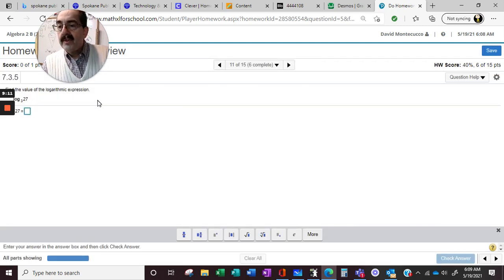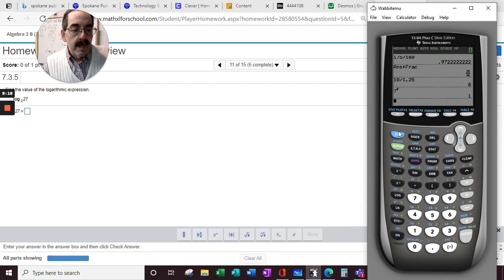This one, log base 3, evaluate the expression. Grab yourself a fancy calculator, hit your math button, toggle log base. Put a 3 here, put a 27 here.